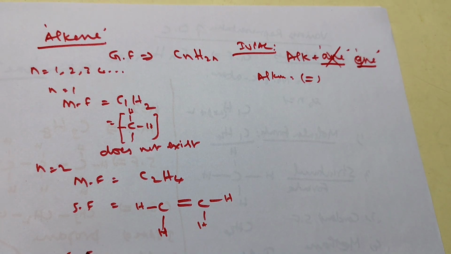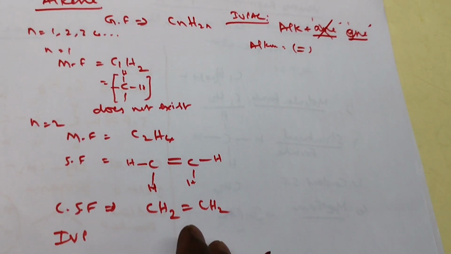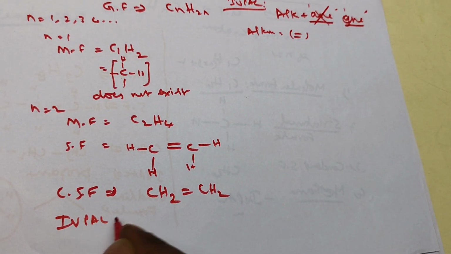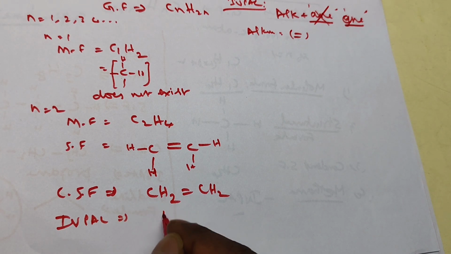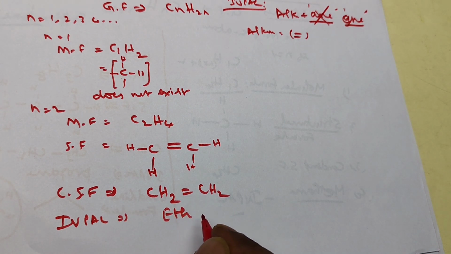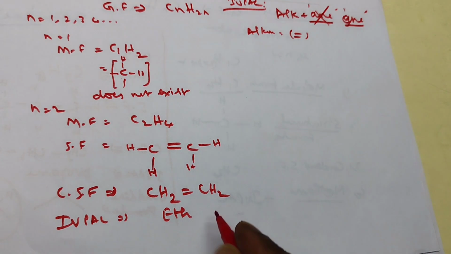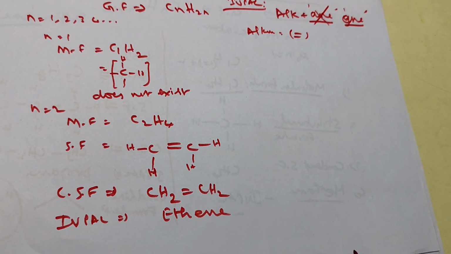Then you write the condensed structural formula, which is nothing but CH2 double bond CH2. And its IUPAC name, if it is 2 carbon atoms, eth, and ANE is replaced by ENE, so ethene. And the bond line formula, how can I write it? You have to write like this.